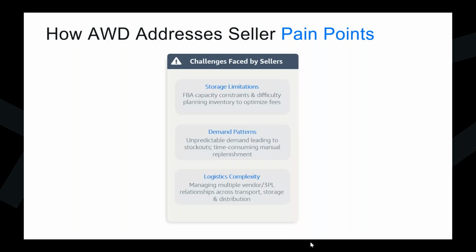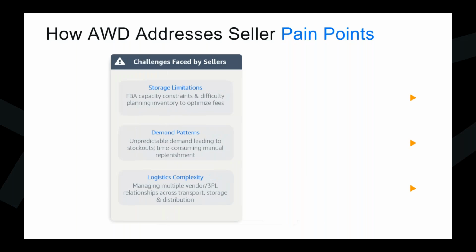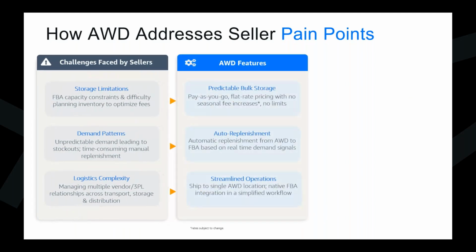And this is where we really thought, okay, we want to give our customers a solution here. And there you can see the Amazon Warehousing Distribution features come into place. I think this slide shows it really nicely. We looked at how we can make bulk storage available for you.